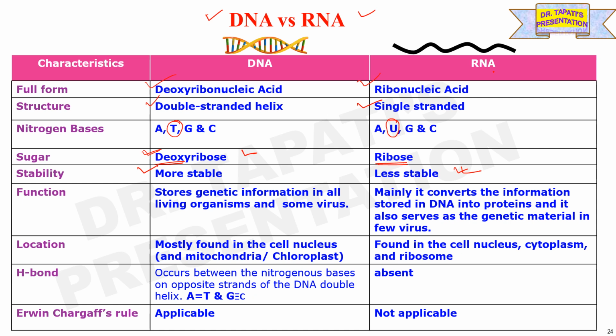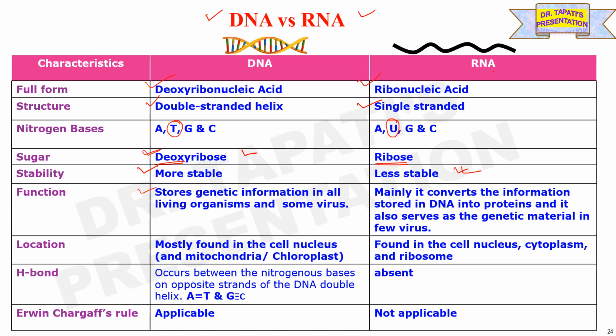If you consider the function of DNA, it stores genetic information in all living organisms and in some viruses. RNA mainly converts the information stored in DNA into proteins, and it also serves as the genetic material in a few viruses.